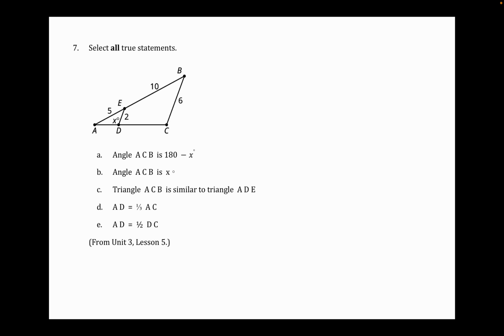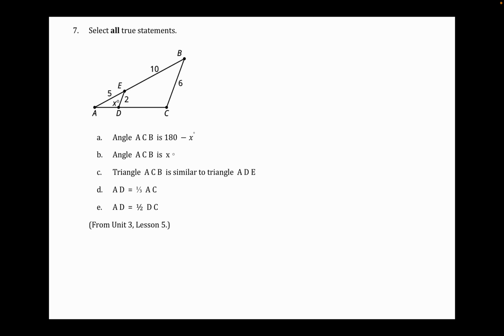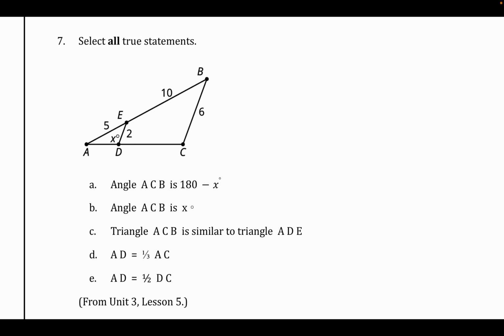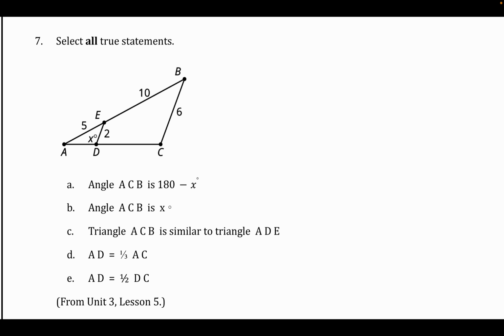Well, we actually don't even need that. If we have this line drawn here and we know that our pieces are in proportion with each other, which they are, we don't need that statement. So let's just select all true statements based on the figure that we're given.